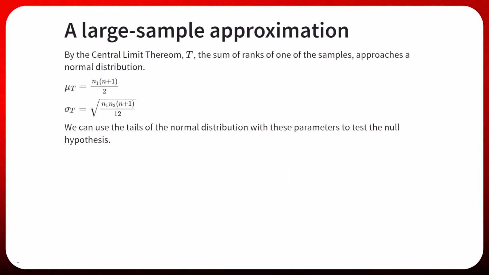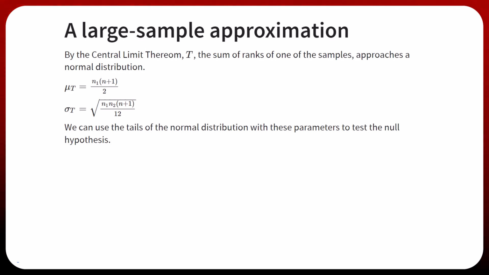If we have a large sample, by the central limit theorem, T, the sum of the ranks of the smallest sample, or one of the samples, traditionally we use the smallest, approaches a normal distribution. And importantly, we know the mean and standard deviation of that distribution.